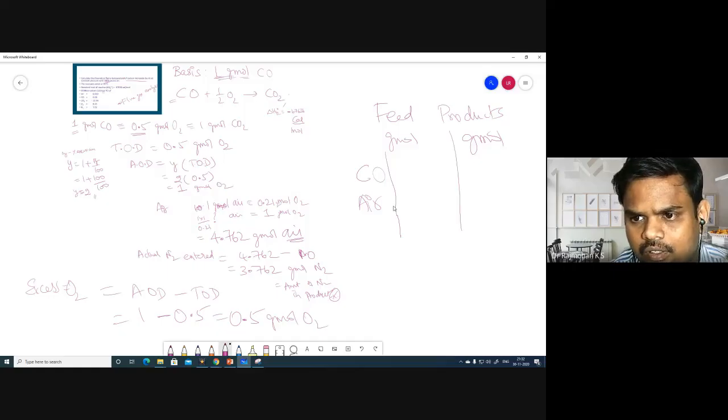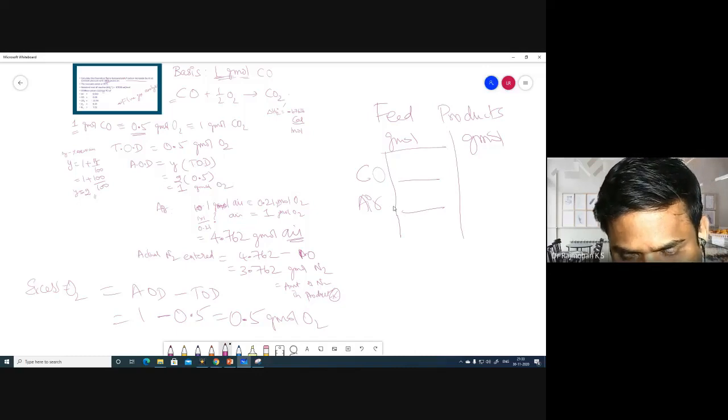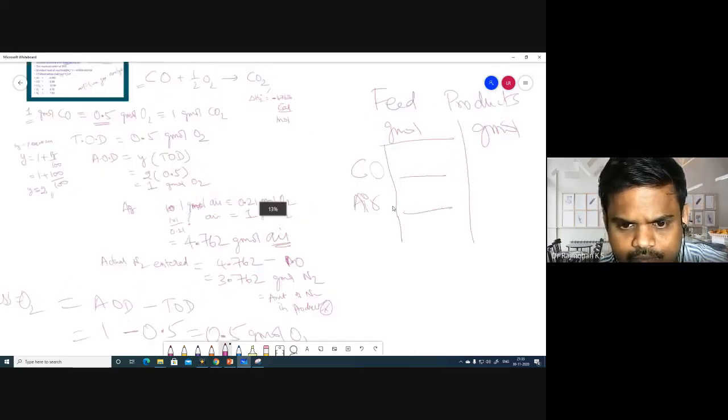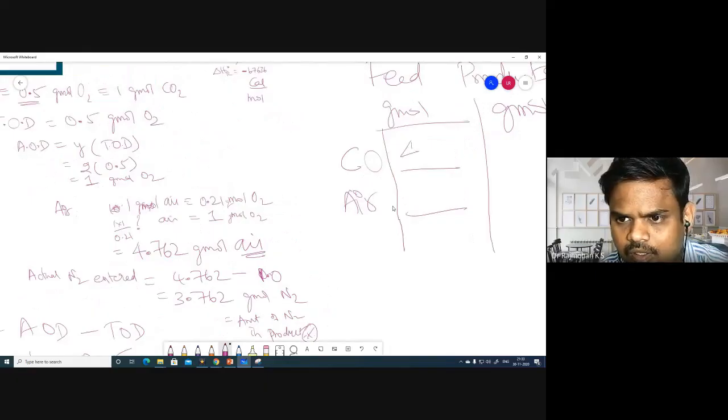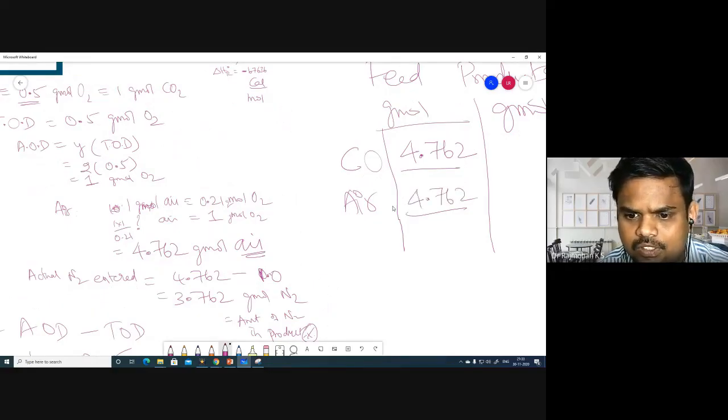How many gram moles does the feed have? The feed has actual air amount of 4.762. Carbon monoxide is 1. That is our basis actually.